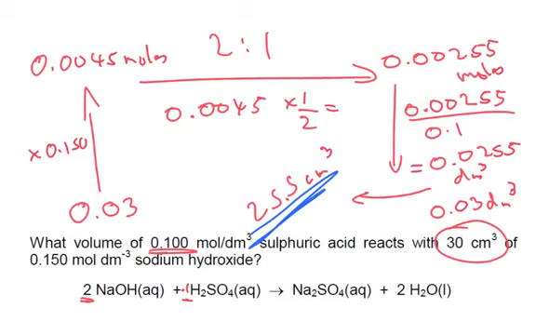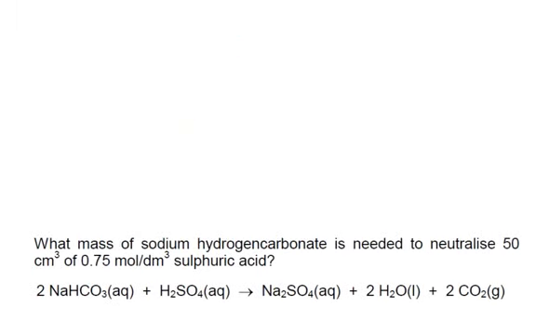Okay, last one. What mass of sodium hydrogen carbonate, which is here, is needed to neutralize 50 centimeters cubed of 0.75 moles per decimeter cubed sulfuric acid? Well, again, they've given us centimeters cubed, so we need to convert to decimeters cubed by dividing by 1,000. So we get 0.05 decimeters cubed.